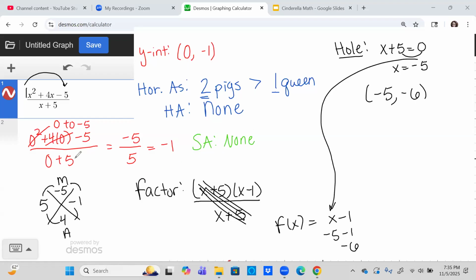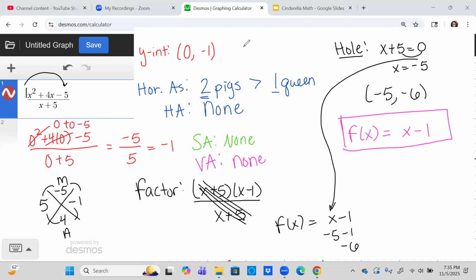Okay? So now all you have to look at is the scratched out version. So our function is x minus 1 over technically 1, but we don't even need that anymore. So there is no bottom. This is our function. We only get vertical asymptotes when there's a bottom. So we are going to say vertical asymptote, none.